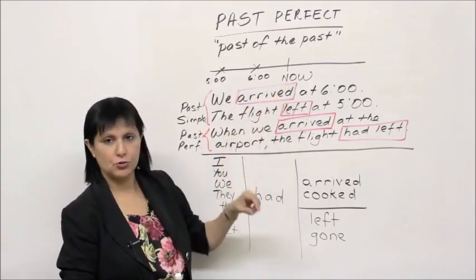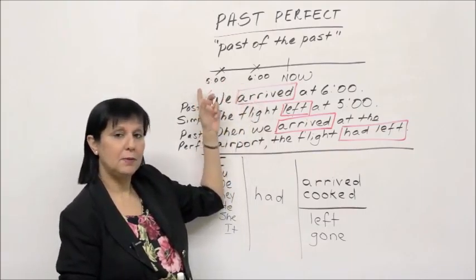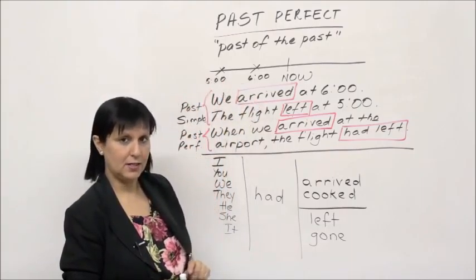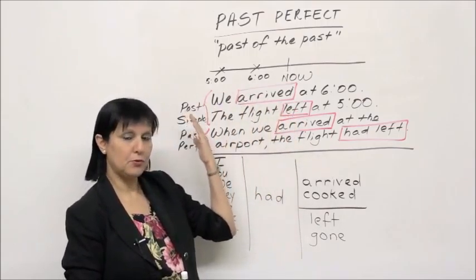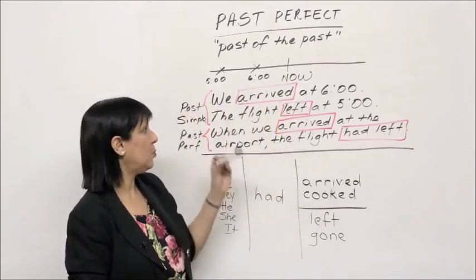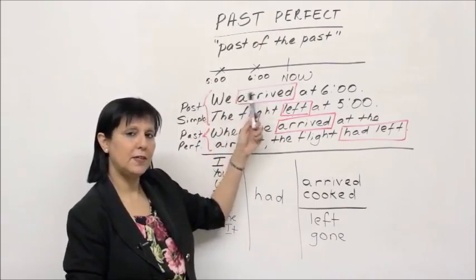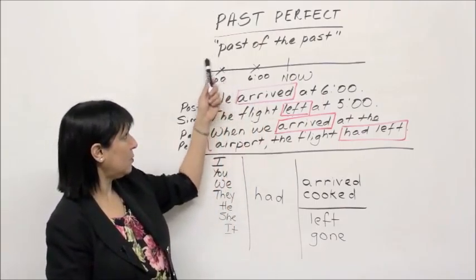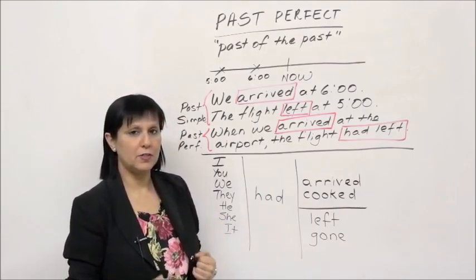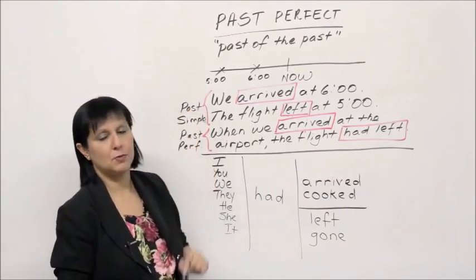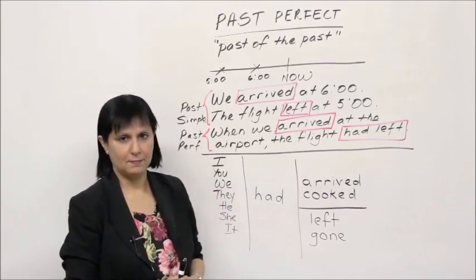One happened closer to now, and one happened before that, right? So we have an example of two events that happened, both of them in the past, but one happened before the other. That one which happened before the other is the one where we are going to use the past perfect tense to describe, all right?